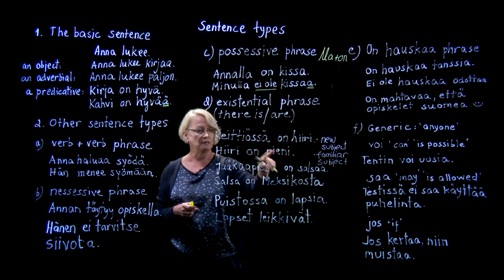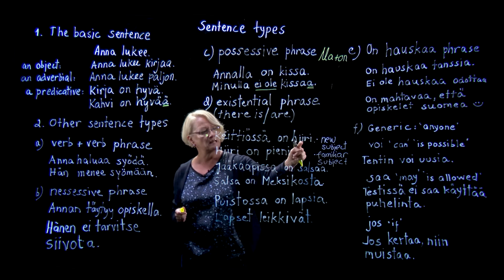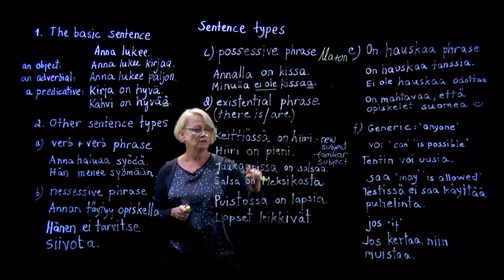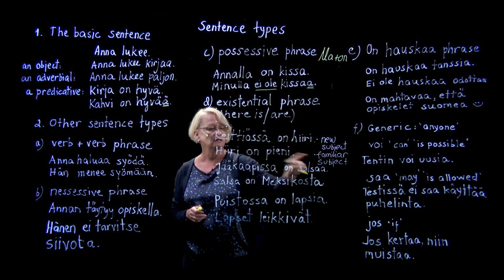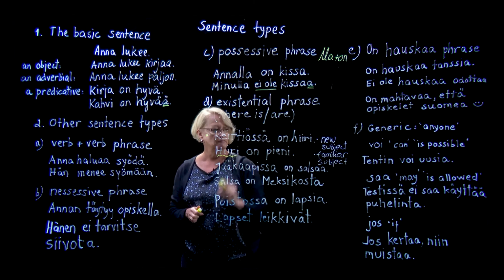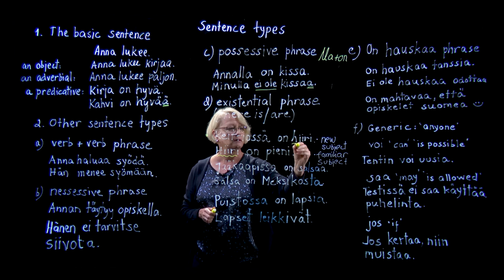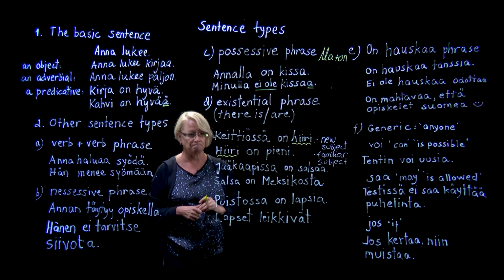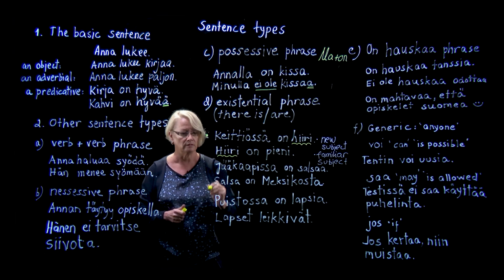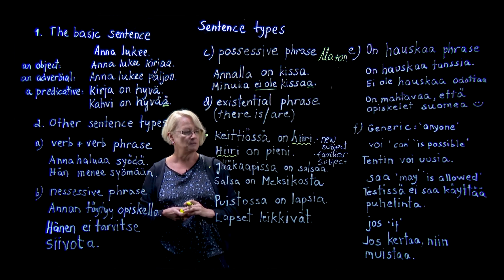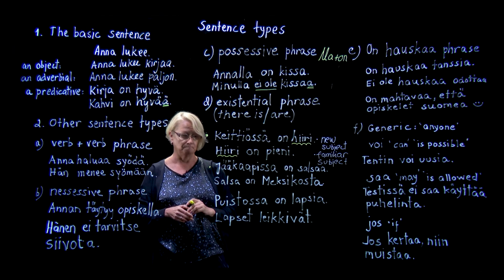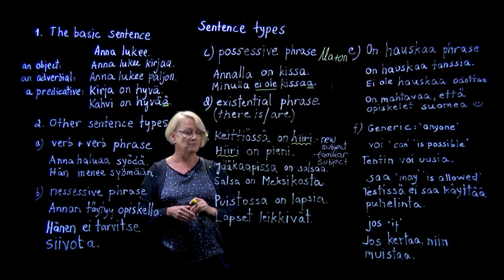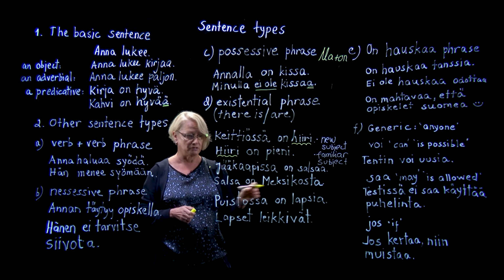And hiiri on pieni. Now we are talking about the same mouse. So here in this basic sentence, the subject is familiar. And here it is a new subject. Let's take another example. Jääkaapissa on salsaa. There is salsa in the fridge.